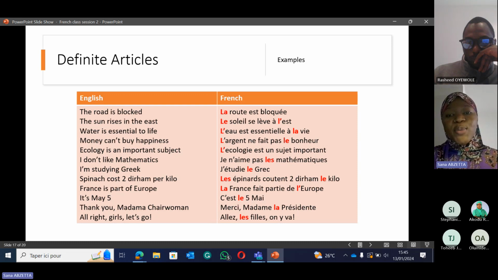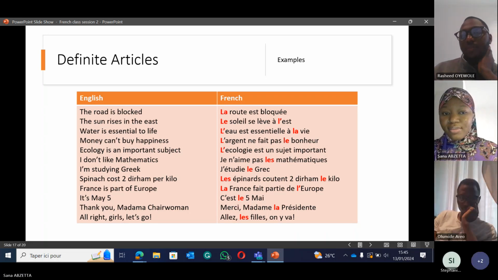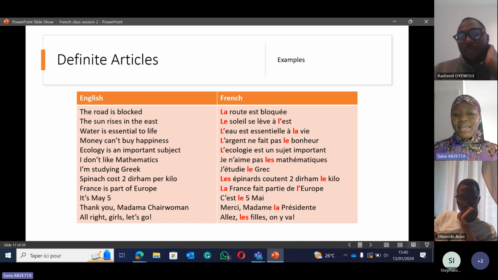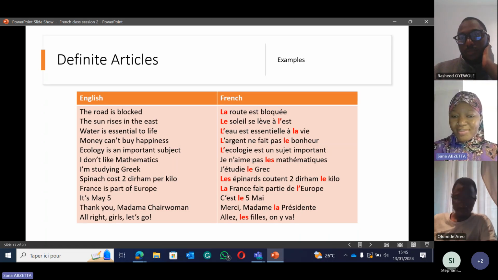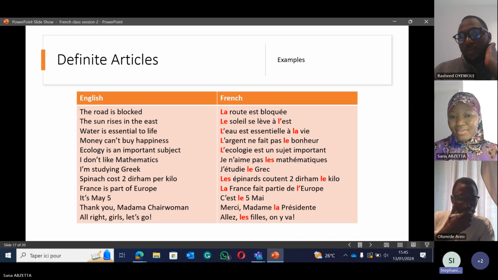So the right article will be la. La route est bloquée.